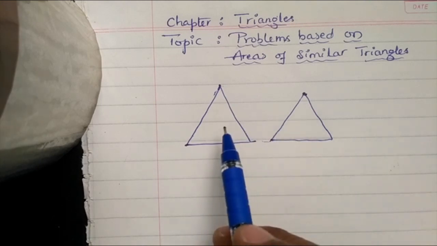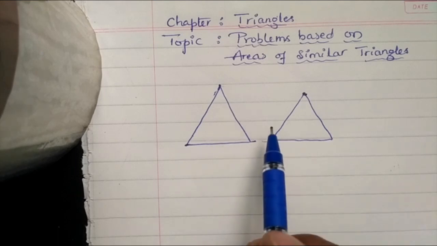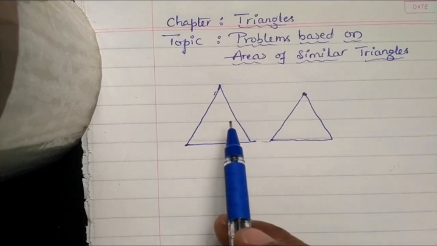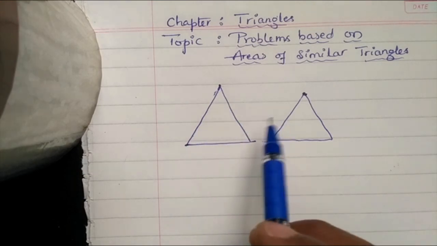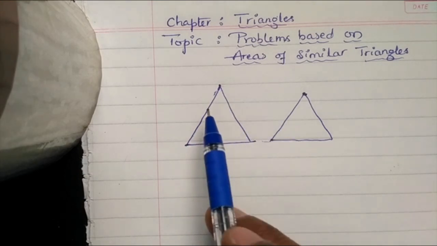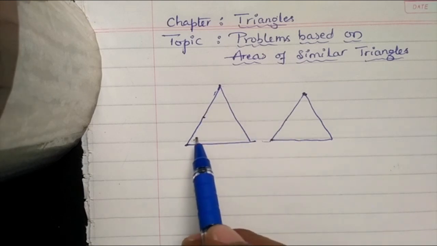These two triangles are equal by their corresponding angles. When we go for the size, I mean the length of the sides, definitely the two triangles vary. The length of this triangle's side is greater than this, but we go for angles.